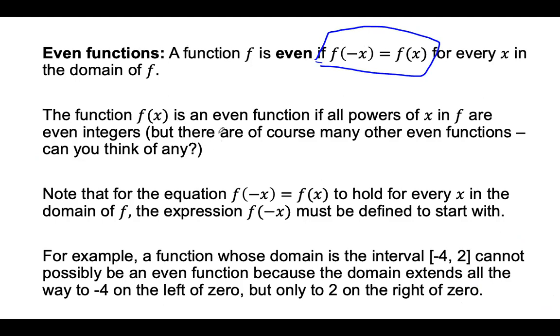So the function f of x is an even function, but what is f of x first? What do I mean by this f of x? Well, we're typically talking about, suppose f of x is of this format: a naught plus a1 x to the power 1 plus a2 x to the power 2 plus a3 x to the power 3 plus dot, dot, dot.